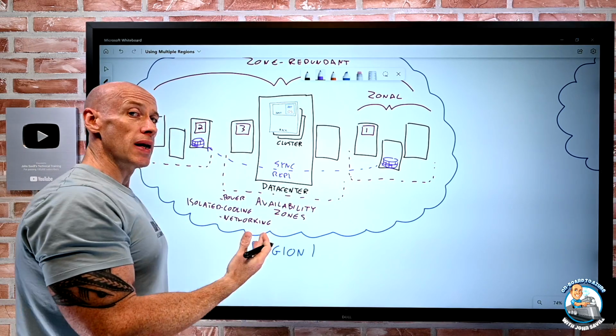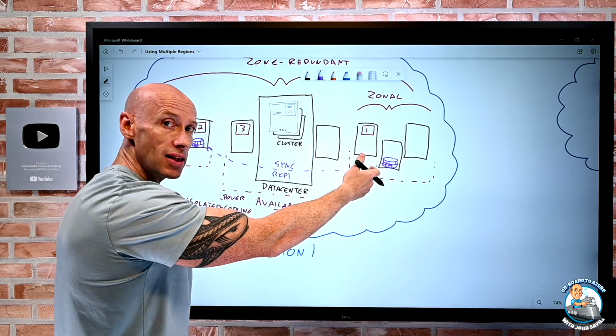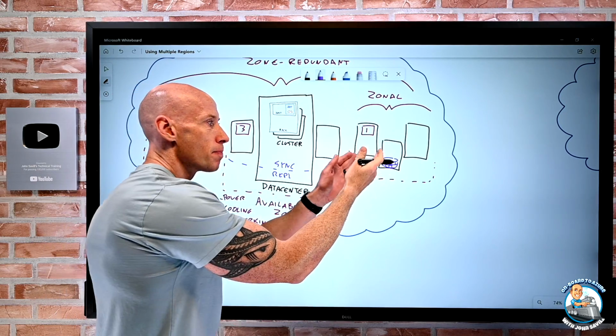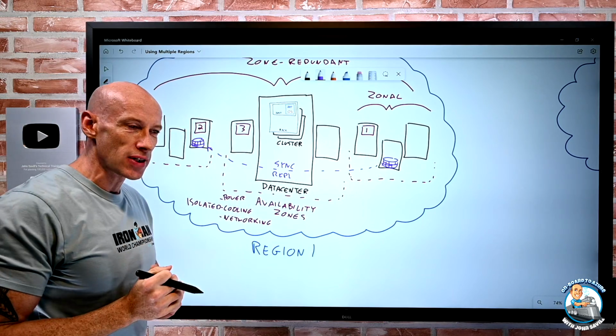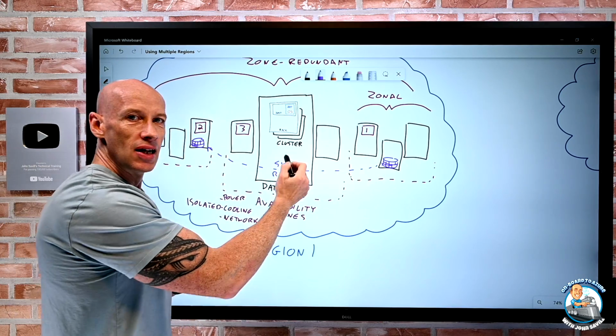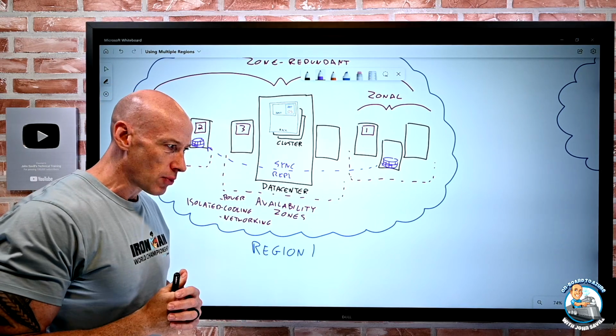And synchronous means, hey, if I get some operation to modify or create, it won't acknowledge that operation until it's persisted it here and it's persisted it there. So there's zero chance I could lose anything. Because at worst, I'm adding maybe a millisecond of latency to that operation request. I'm absolutely fine with that.